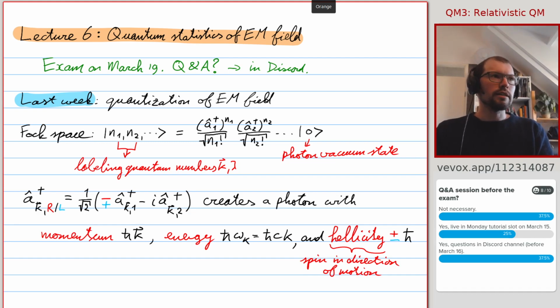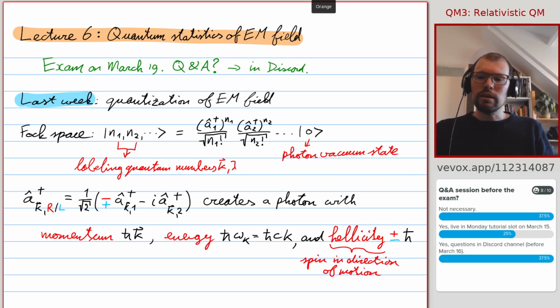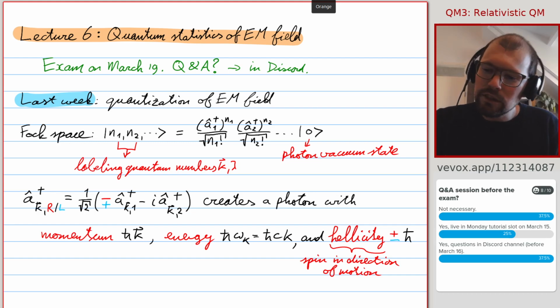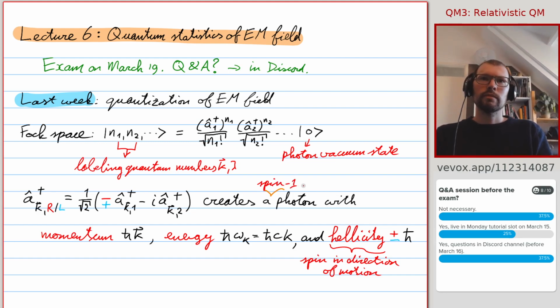Well, you verified that this relativistic wave equation satisfies the relativistic principle if the vector potential transforms as if it were a contravariant vector field. And this means that the particles that they're describing are spin 1, spin 1 really meaning that it transforms as a vector, so you have to really rotate the field by a full 2 pi angle in order to bring it back to the identity.